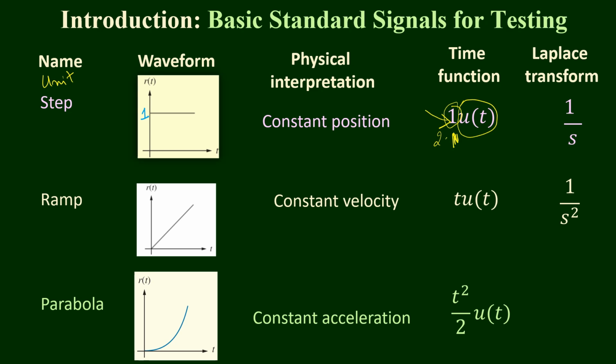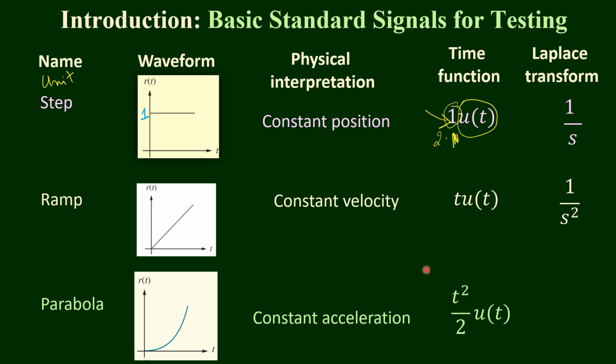But here the constant acceleration is the integral of the constant velocity, and constant velocity is the integral of constant position. Is it not exactly opposite? Can you think why? Can you find an answer for that? I put this question for you. Search for this on the internet.